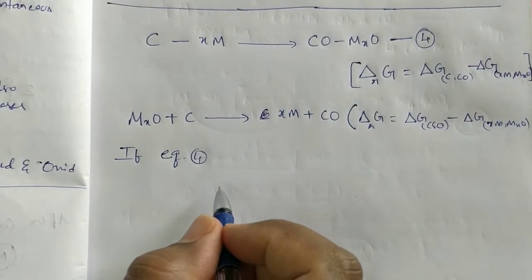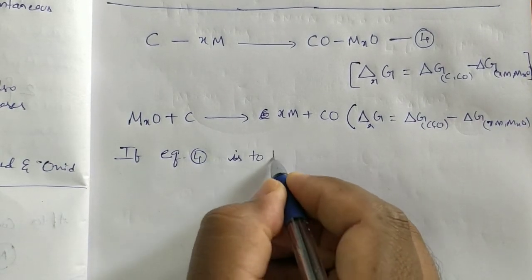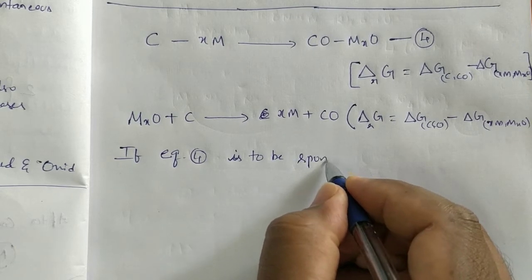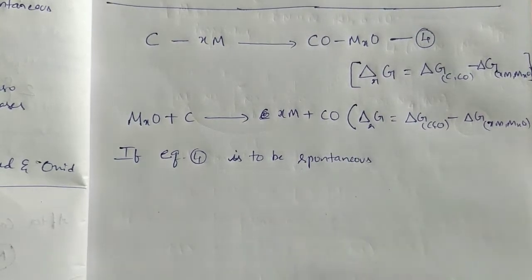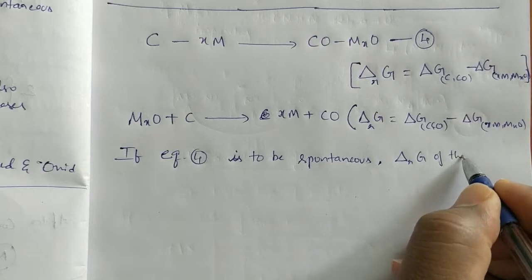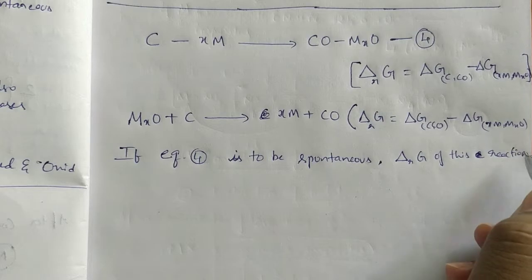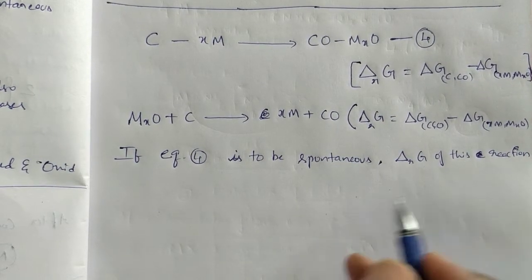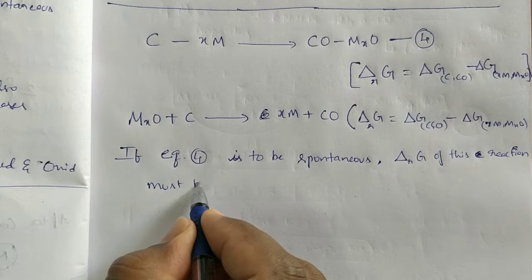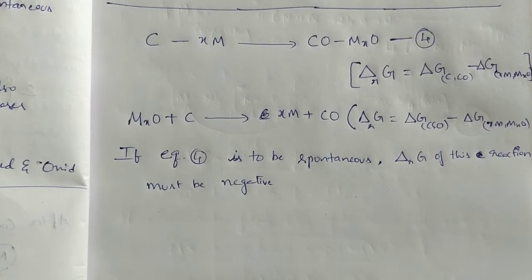If equation 4 is to be spontaneous, delta Rg of this reaction must be negative.